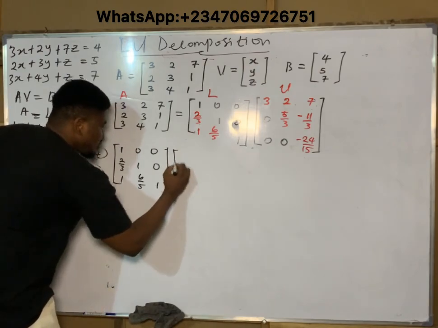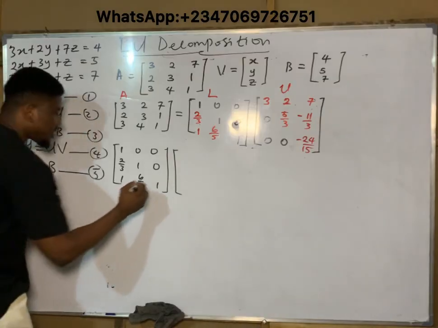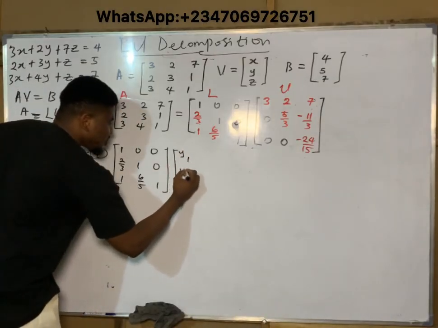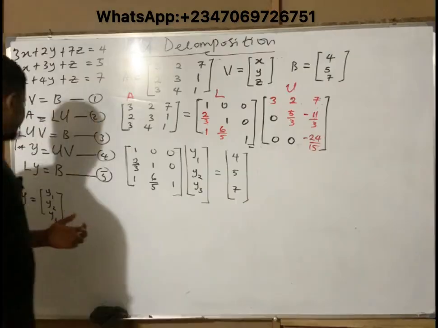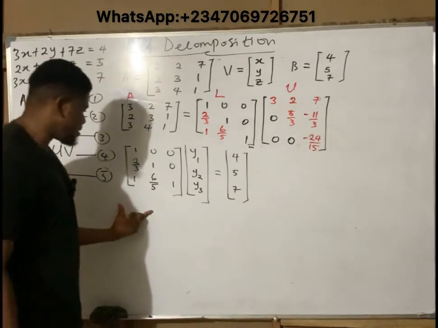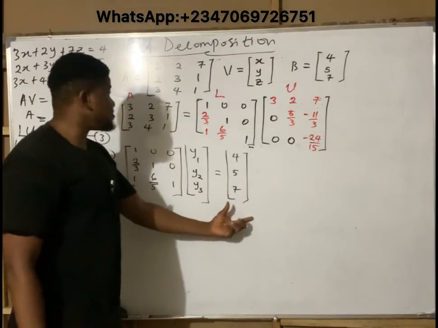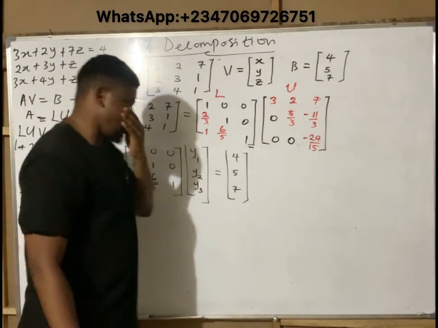This is our lower matrix multiplied by y, and y is y1 y2 y3. This is equal to b, the constant matrix 4 5 7, as can be seen there.